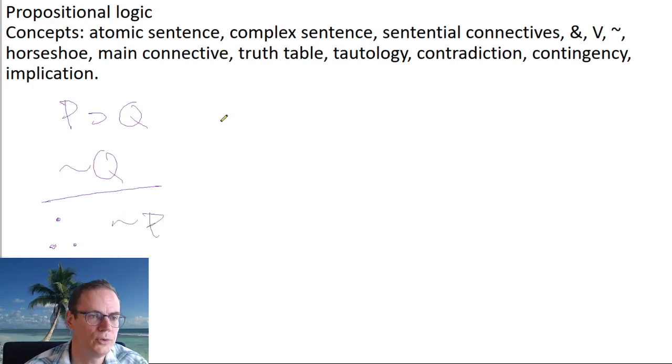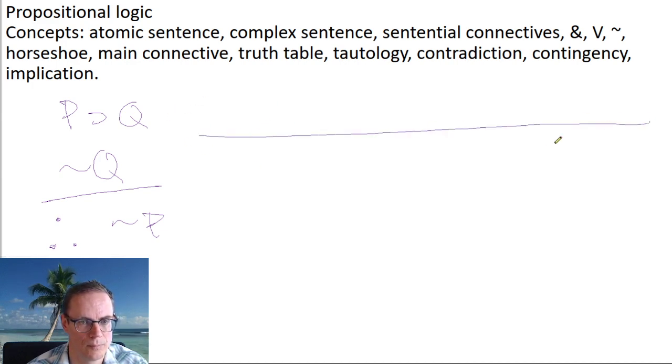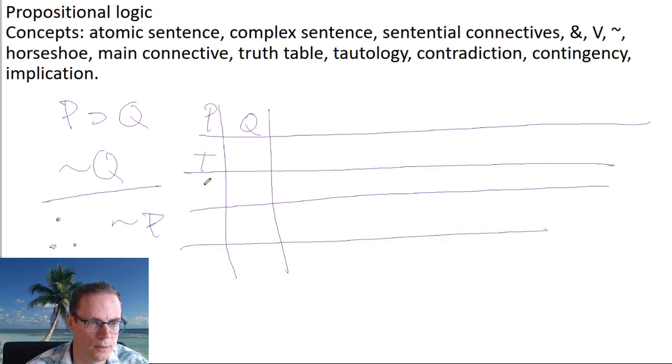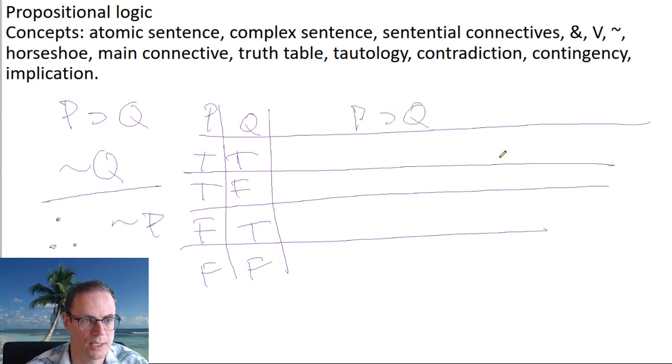Well, what you would do then is build a truth table and say, well, here we have P and Q, only 4 options, it's pretty straightforward. 4 possibilities, T, T, F, F, T, F, T, F. And then you would have P horseshoe Q, you would calculate it.